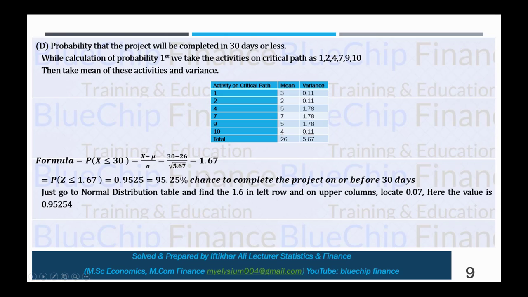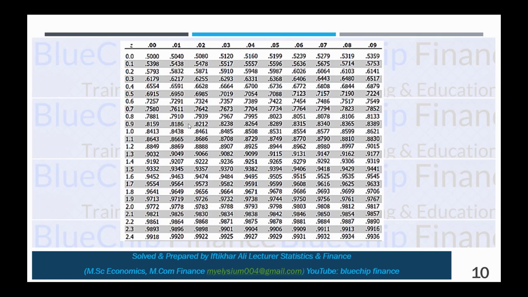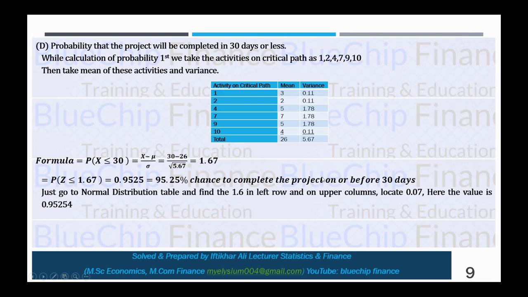So just go to the normal distribution Z table and locate 1.67: in row 1.6, focus on column number 7. In the 7th column the value is 0.9525, so there is a 95.25% chance that you complete your project on or before 30 days.